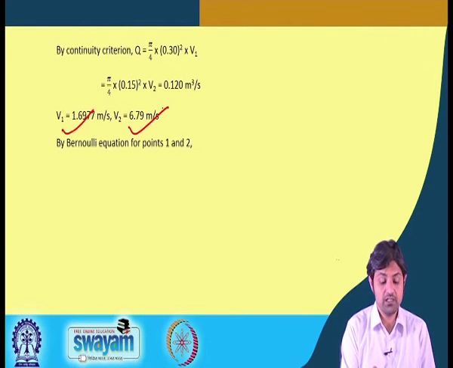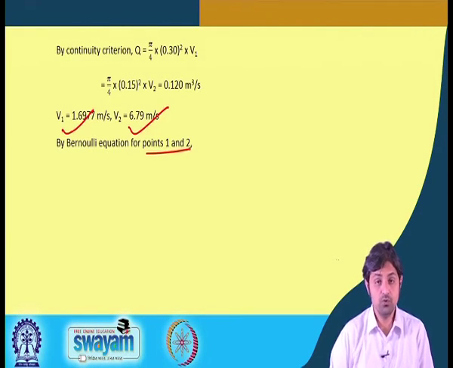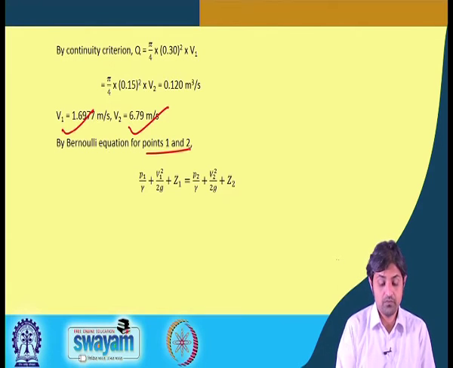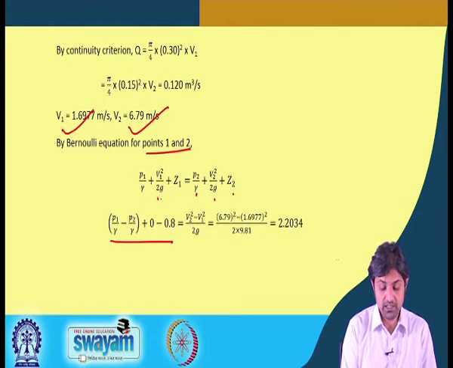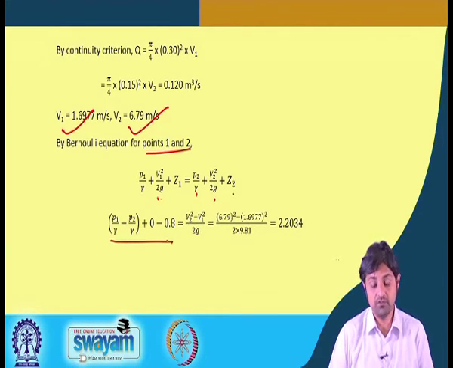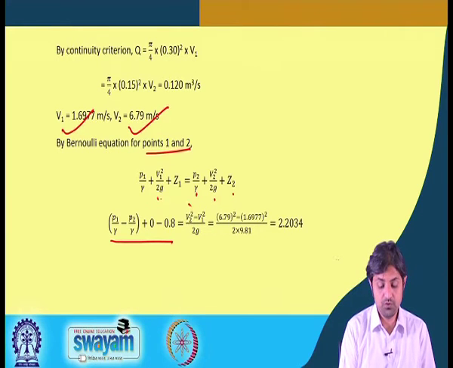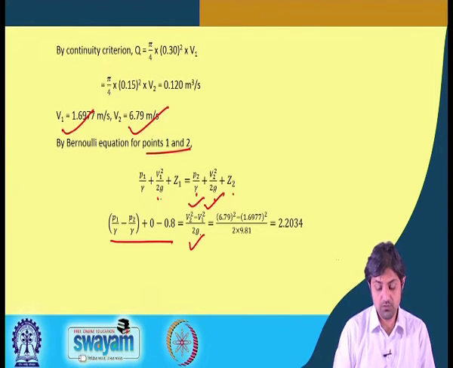Now, by Bernoulli's equation for points 1 and 2: P1 by gamma plus V1 square by 2G plus Z1 is equal to P2 by gamma plus V2 square by 2G plus Z2. So P1 by gamma minus P2 by gamma minus 0.8, if you calculate Z1 and Z2, is equal to V2 square minus V1 square by 2G.